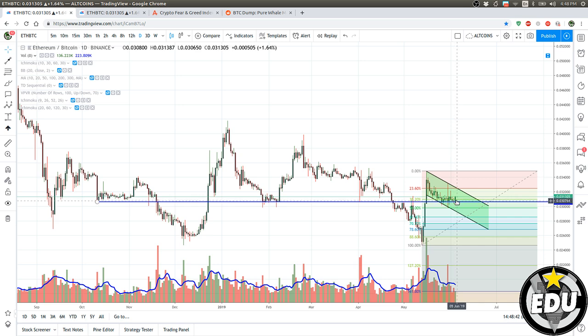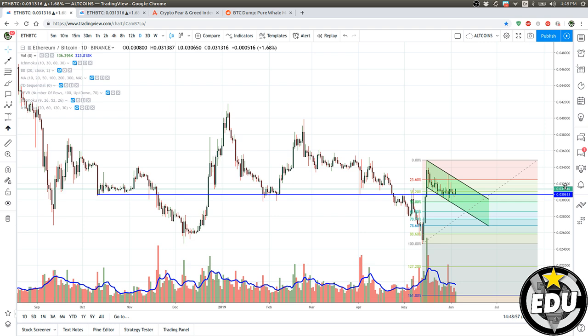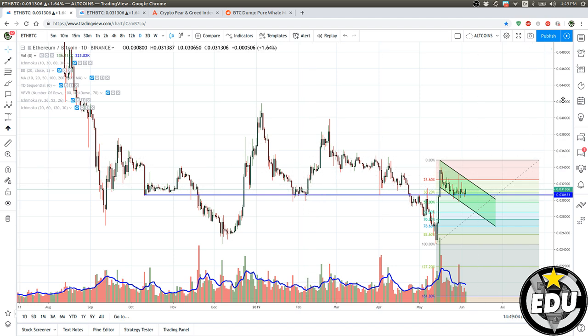BTC crashed hard, and Ethereum stayed, and most altcoins stayed. LTC, XLM, TRX dropped a bit, but it was an uptrend. And many others stayed above it. They're actually going up. So Ethereum is an indicator of a possible altcoin season.